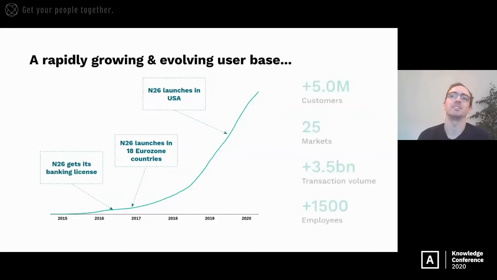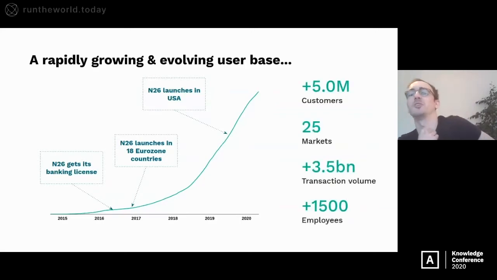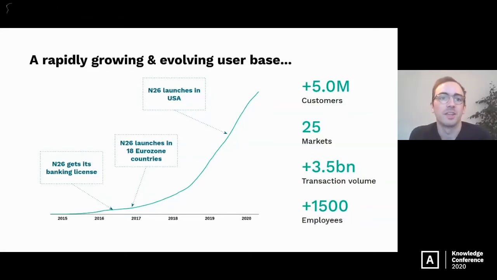Until we get to today, when we have around 5 million customers across 25 markets, doing huge amounts of transaction volume, and 1,500 employees. And we start to hit this sort of existential wall where people start to ask questions around the customers we thought we were serving at the start. We had a good idea who they were, but now we're across the whole of Europe.